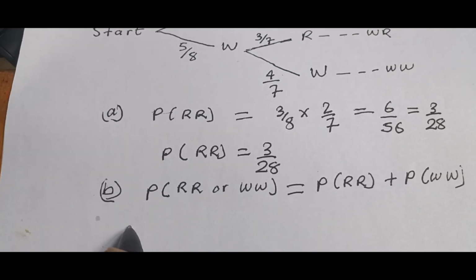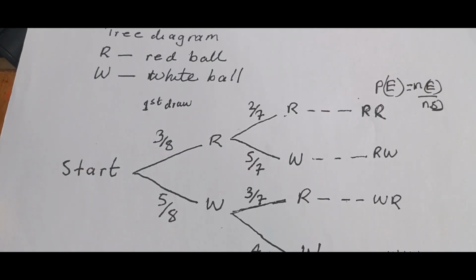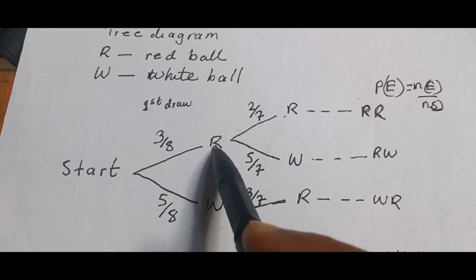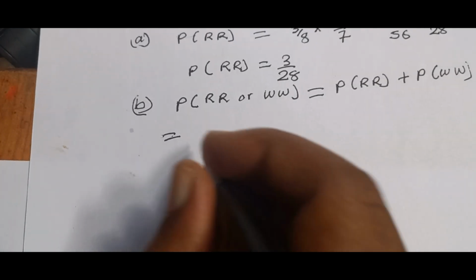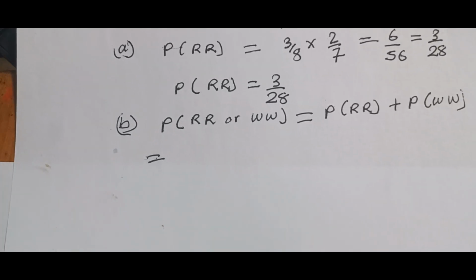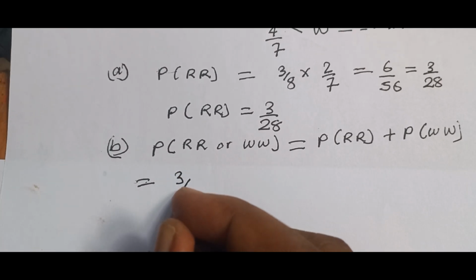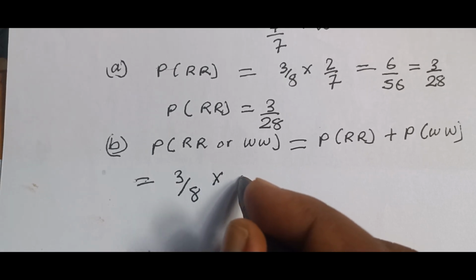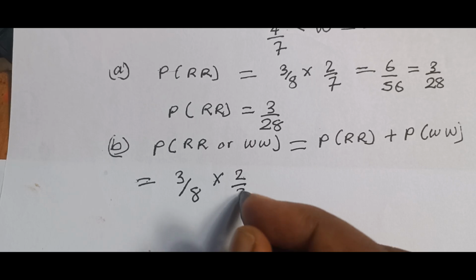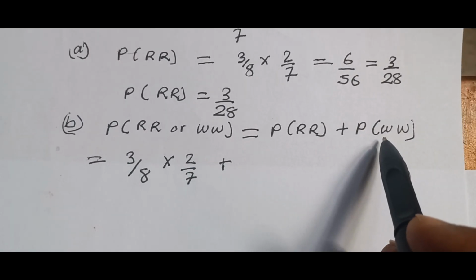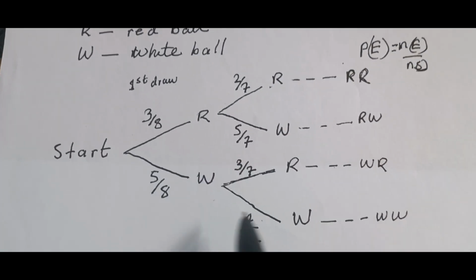In our case here, we have the probability of both balls with red color equals 3 over 8 times 2 over 7, plus, again here we are looking at the probability of both balls having white color, which is this one.